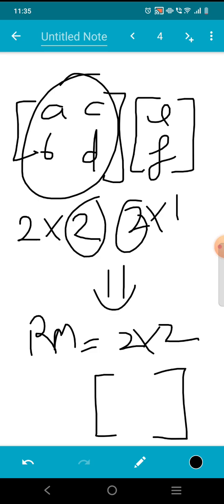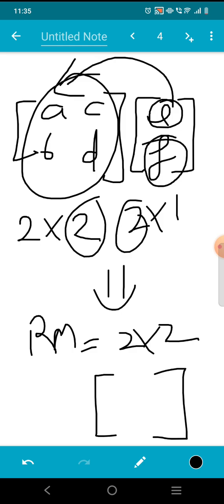And now here, these are the multipliers. E is multiplied by column 1. The values of our column will be: this is the multiplier of the first column, and then we will multiply the second column with F, and then we will add both the columns and it will give us the resultant column.